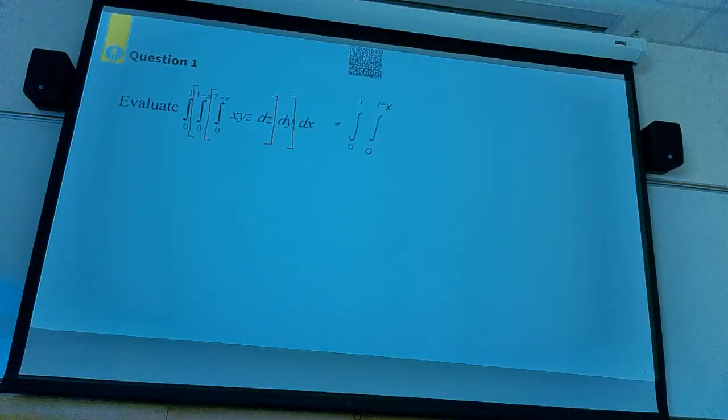Antiderivative of z is z squared over 2. Go ahead and just factor out that 1/2.